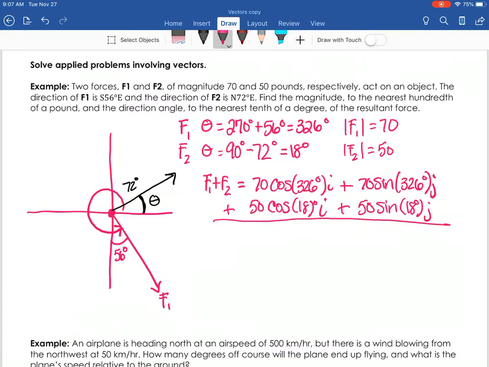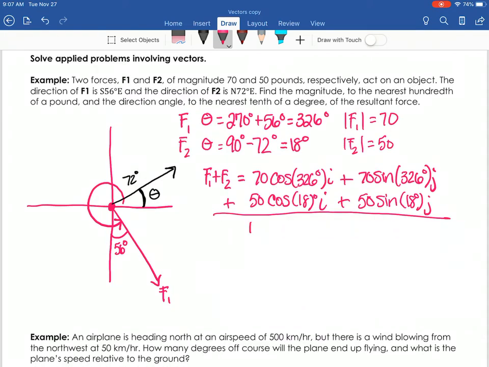So put in your calculator 70 cosine 326 plus 50 cosine 18. This is what I got. You can double check and make sure I did it right because I kind of rushed through this last night.